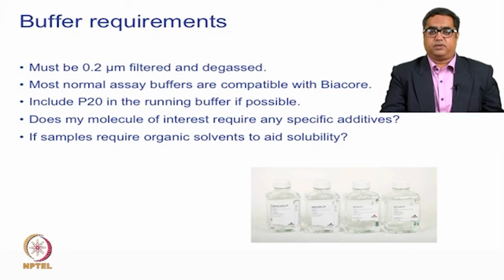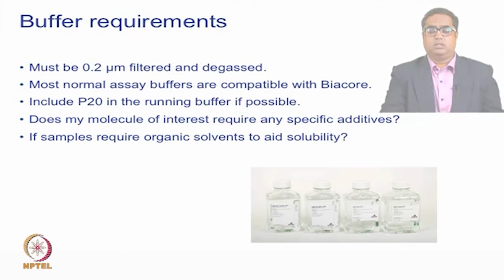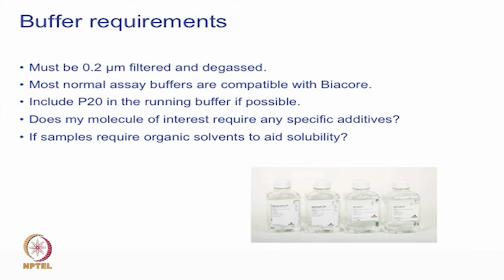All buffers are compatible with SPR systems, and it is sometimes very important to add a detergent to make sure there is very little non-specific binding. The detergents most commonly added to running buffer to prevent non-specific binding are polysorbate 20, Tween, and SDS. All these molecules are added into the buffers as they are prepared.